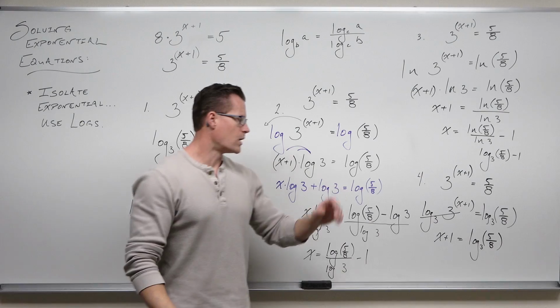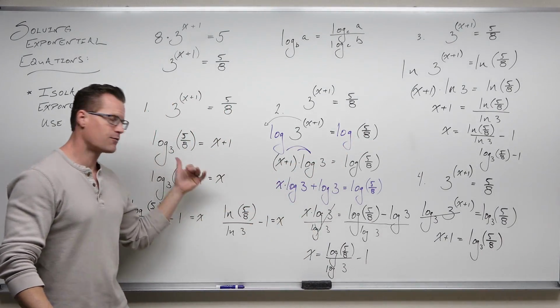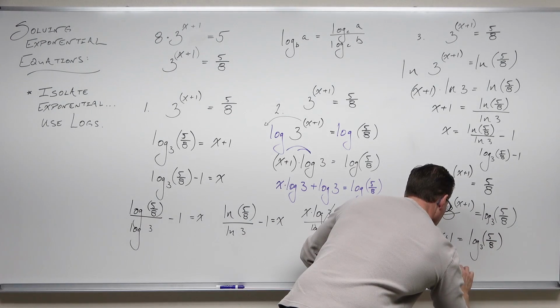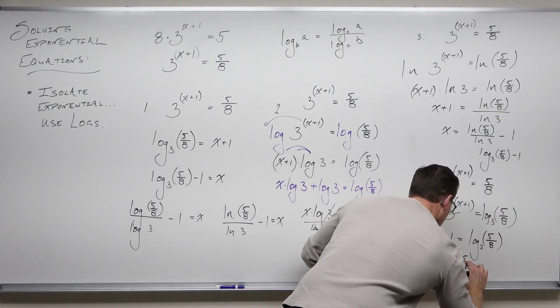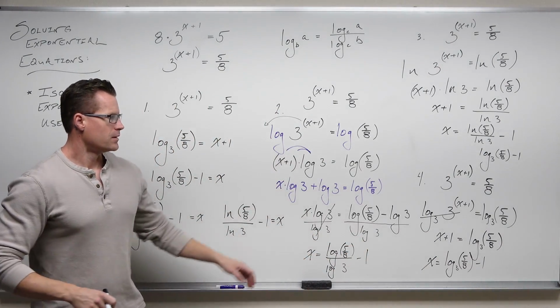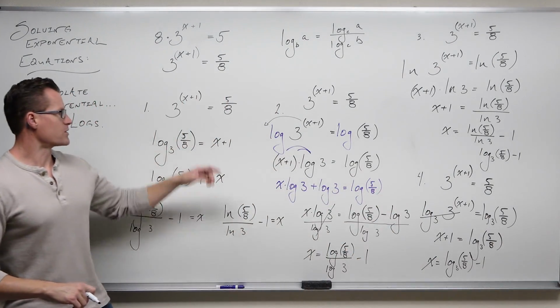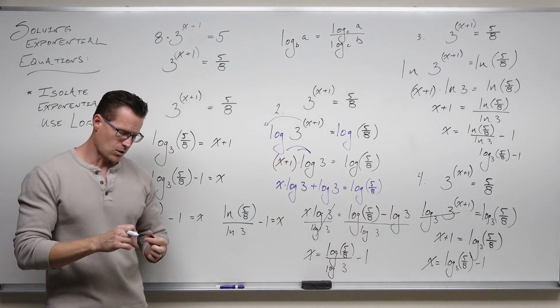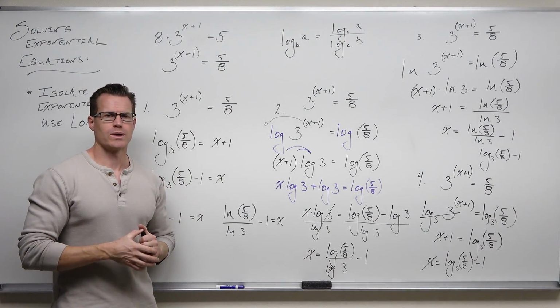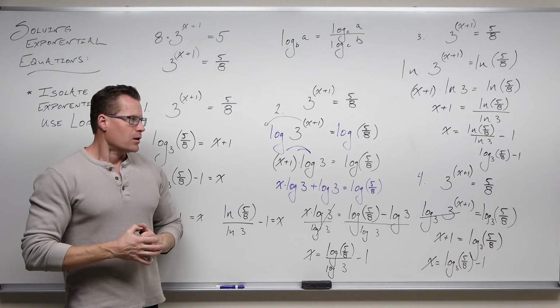If we subtract 1, we get the same thing we've got every other time. This really is the same as writing this as logarithmic notation. It's just showing a little bit more work. Either way you go, it's going to come out the same.